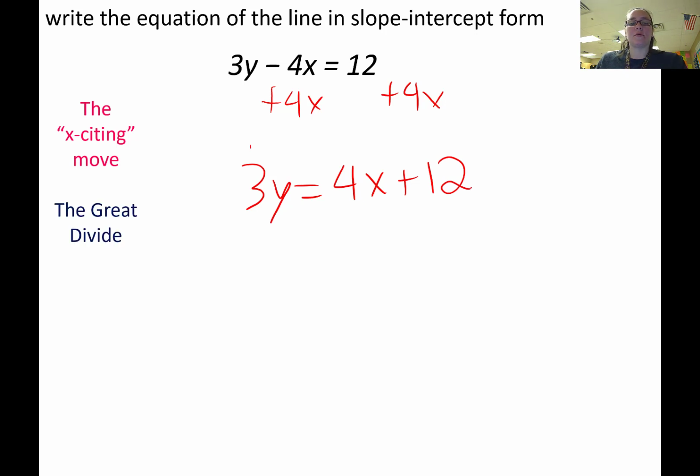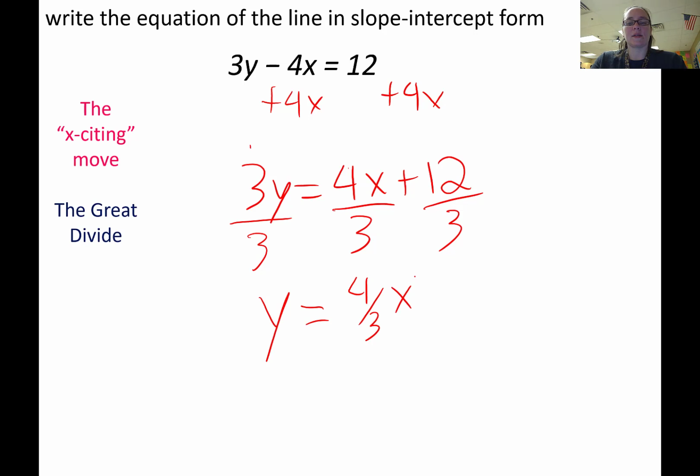Then I need to do the divide, divide everything by 3. 4 doesn't divide by 3 nicely, so we're just going to leave it as 4/3 x. 12 does divide by 3 nicely, giving me 4. So I have y equals 4/3 x plus 4.